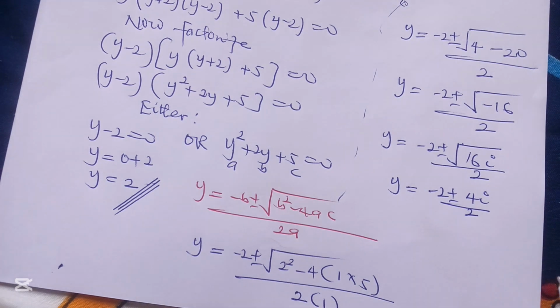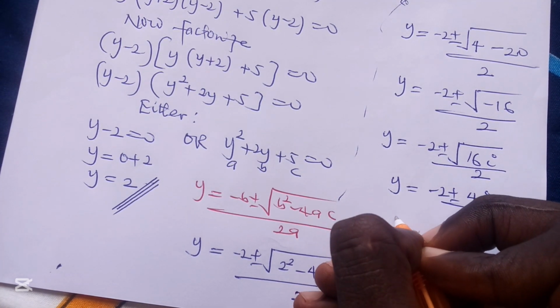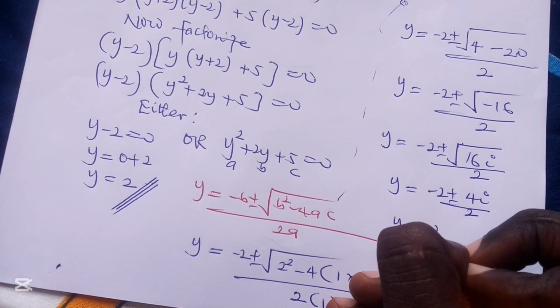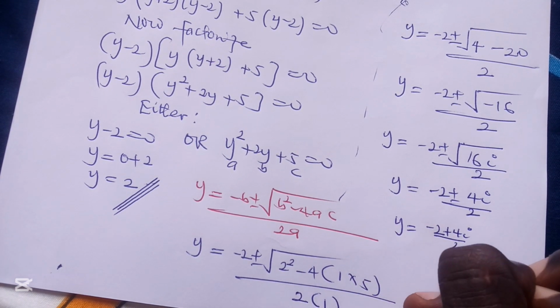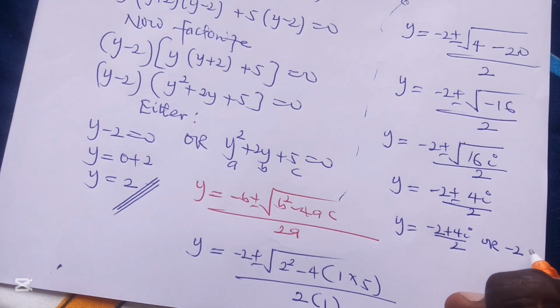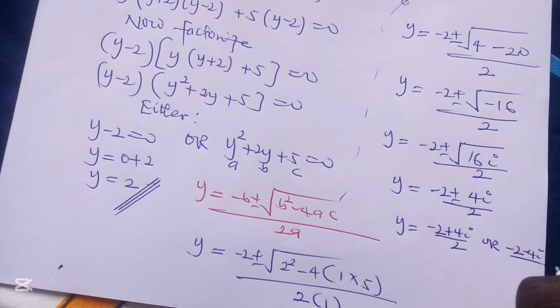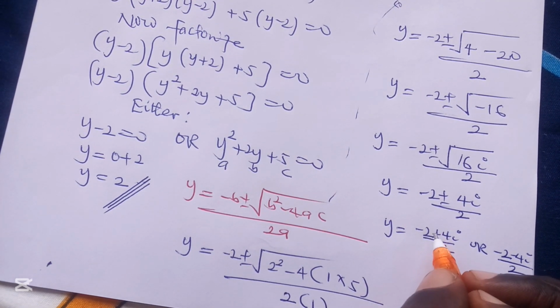So therefore the value of y here becomes minus 2 plus 4i divided by 2, or minus 2 minus 4i divided by 2.